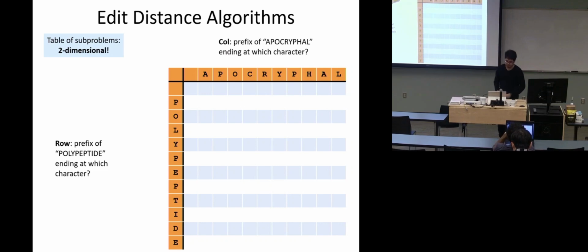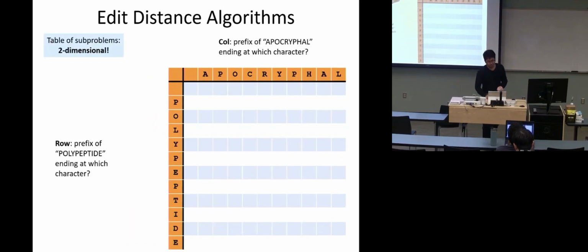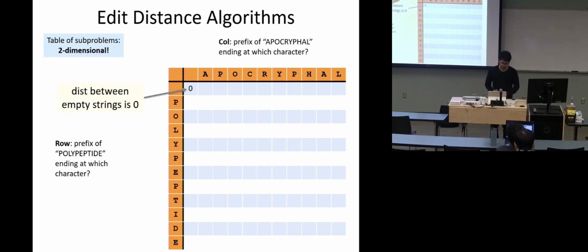And now you are done with the first step. You get the recursive formulation and you bound the number of subproblems. The next thing is just to fill up the table. Now it's going to be 2-dimensional, not 1, like before. And now you just put in some base case.